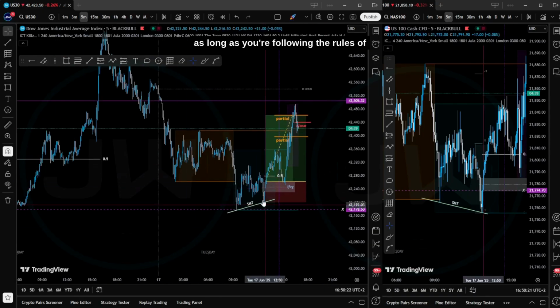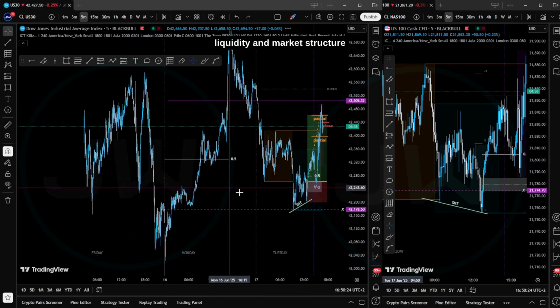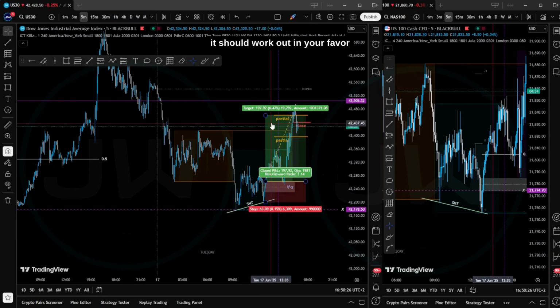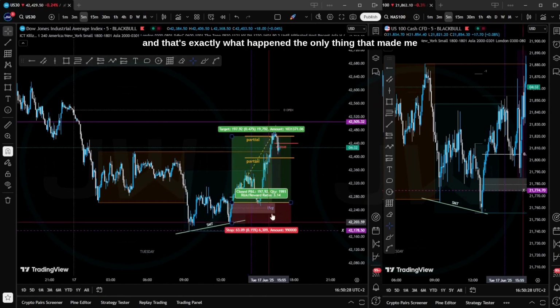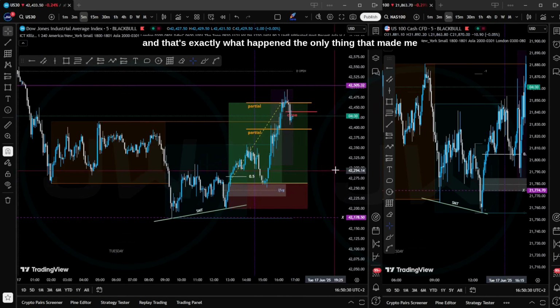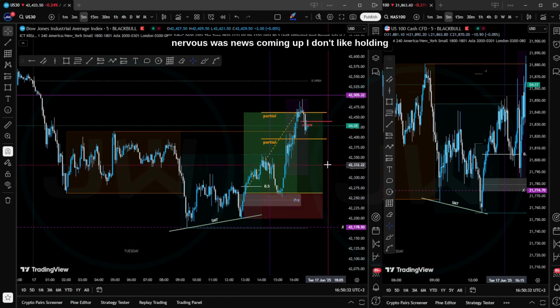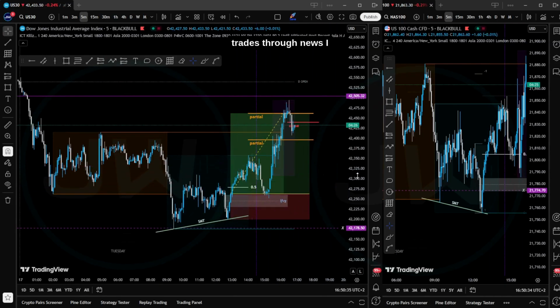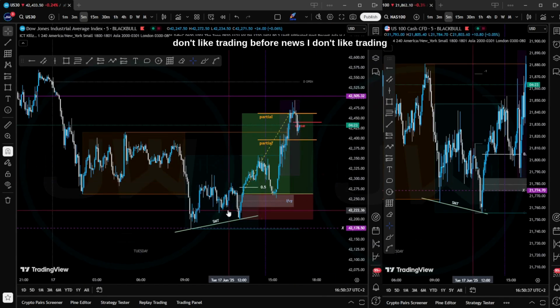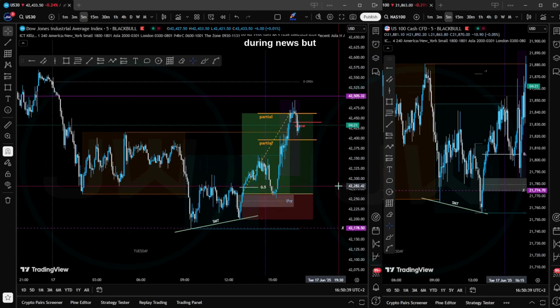As long as you're following the rules of liquidity and market structure, it should work out in your favor, and that's exactly what happened. The only thing that made me nervous was news coming up. I don't like holding trades through news. I don't like trading before news. I don't like trading during news.